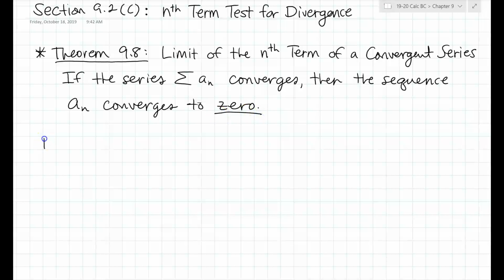And then let me write the other one, then we'll talk about things that you shouldn't assume. Theorem 9.9. This is the nth term test for divergence.